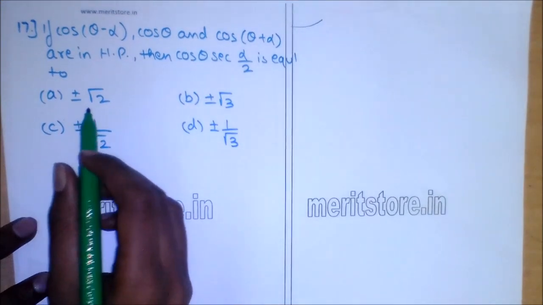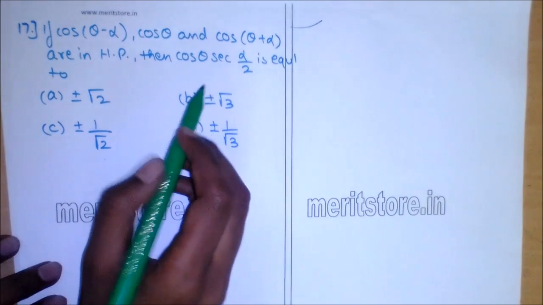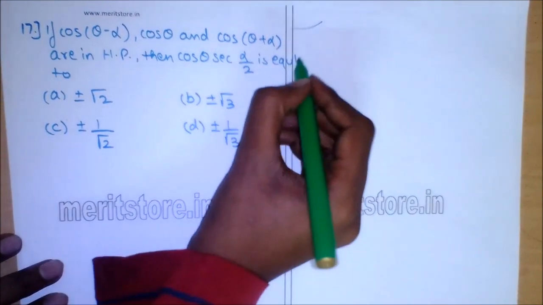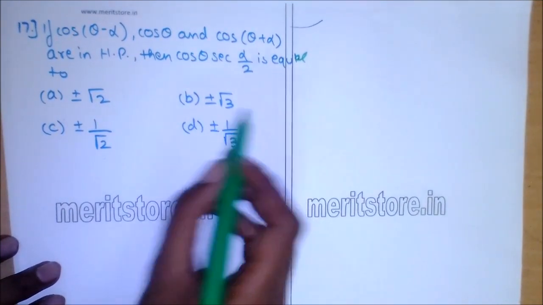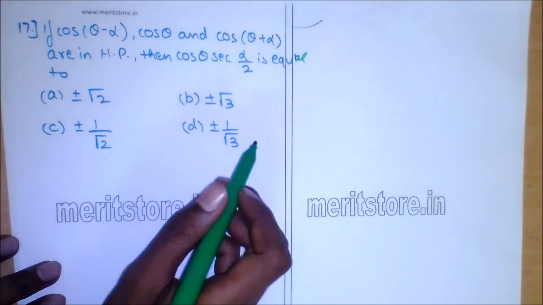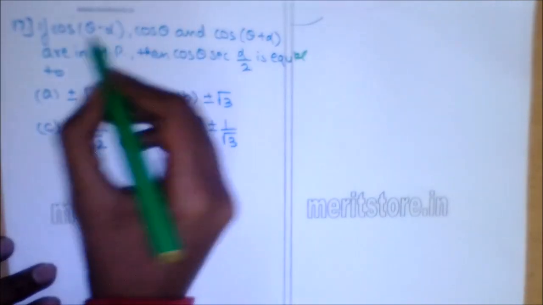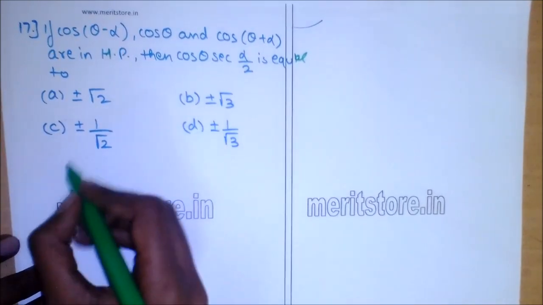If cos of theta minus alpha, cos theta and cos of theta plus alpha are in HP, then cos theta sec alpha by 2 is equal to, the options are plus or minus root 2, plus or minus root 3, plus or minus 1 by root 2, and plus or minus 1 by root 3. Now these terms are in HP, so therefore the inverse will be in AP.